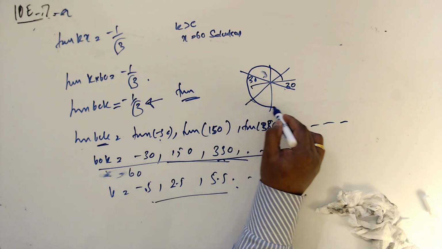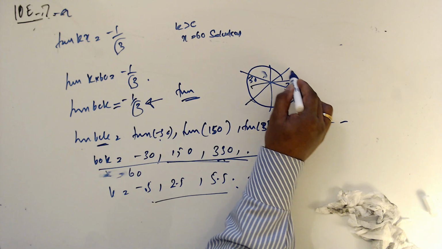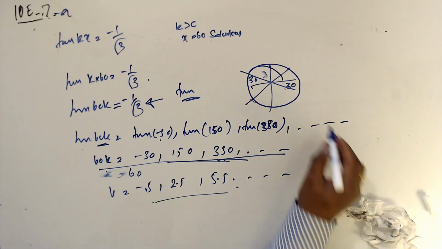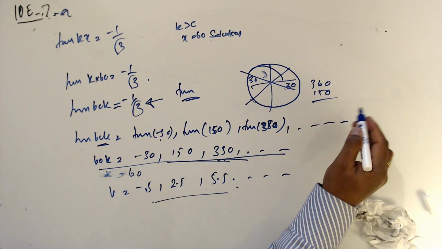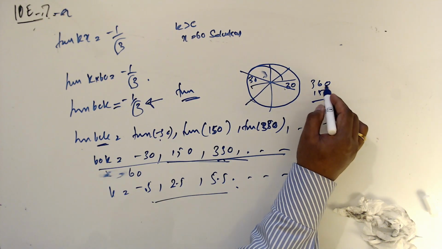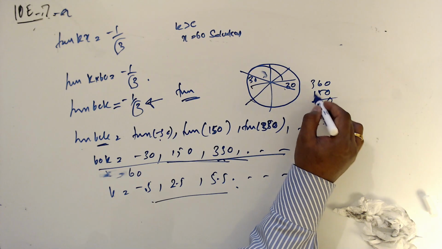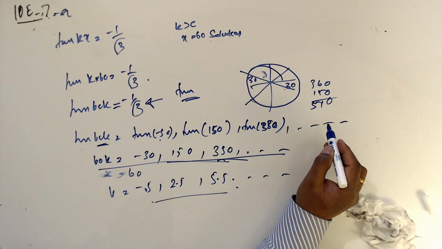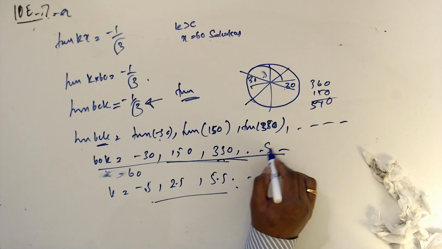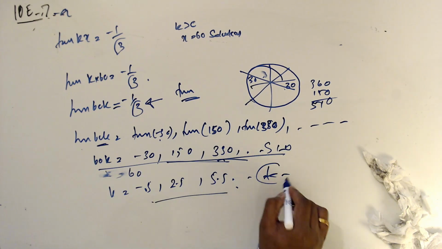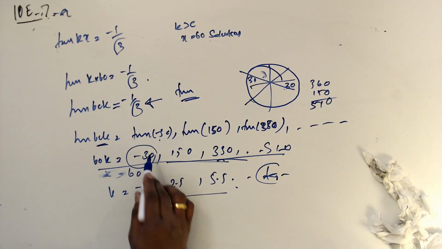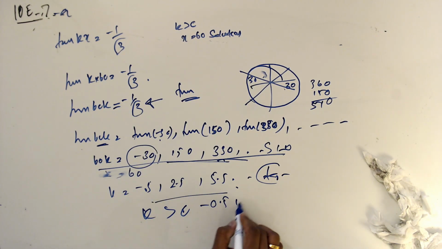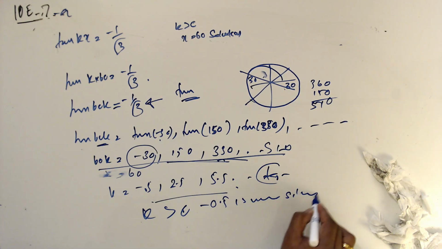The other one is whole circle and 150. It means 360 plus 150, so 510 and k accordingly. But k greater than 0, hence minus 0.5 is not a solution.